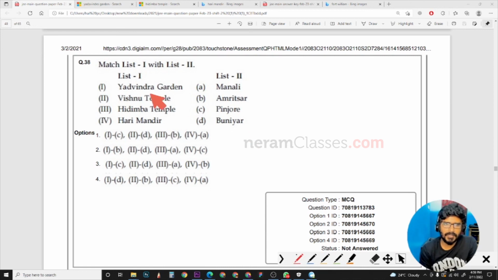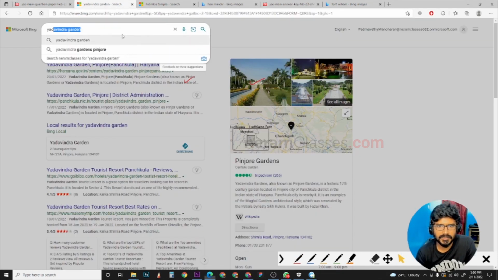Question number 38 is match list 1 and list 2. They have given some names of temples and also some places, and we need to match where these temples are located from the options in list 2. I'll show you some of the things before we find the answer. Yadavindra Garden is this garden.